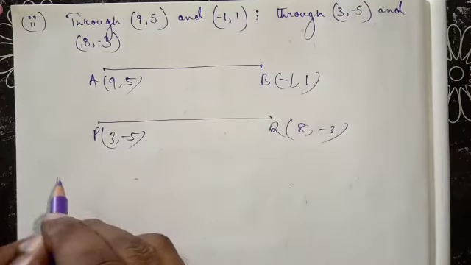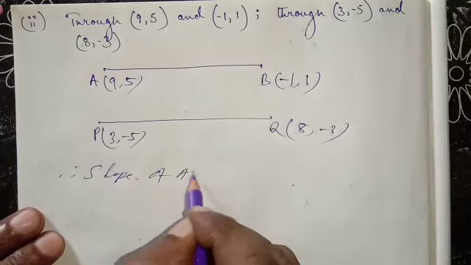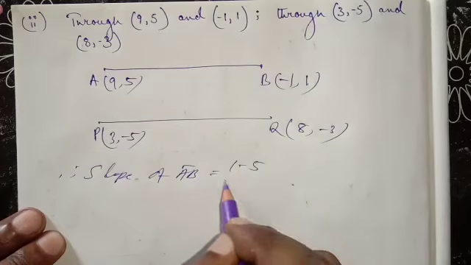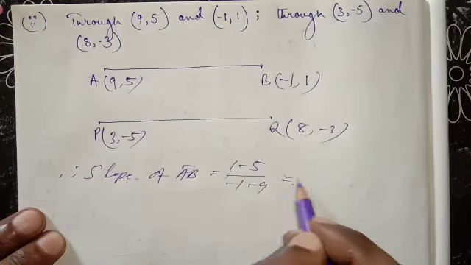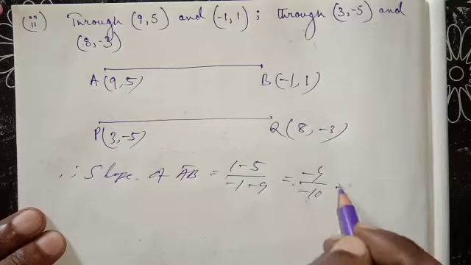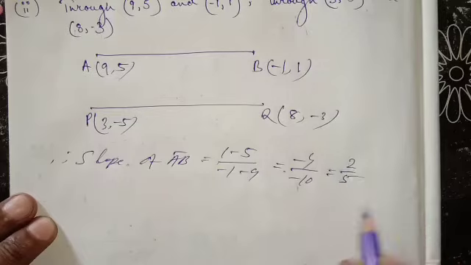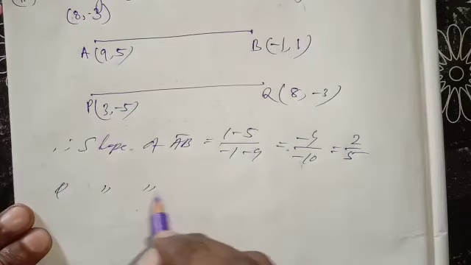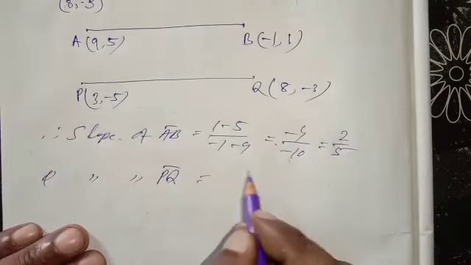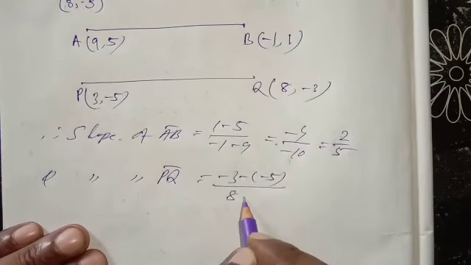For this, we have to find the slope of AB. The formula is y2 minus y1, 1 minus 5 by minus 1 minus 9. It is coming minus 4 by minus 10, which is equal to 2 by 5. And the slope of PQ is the difference in y coordinates, minus 3 of minus 5 by 8 minus 3.